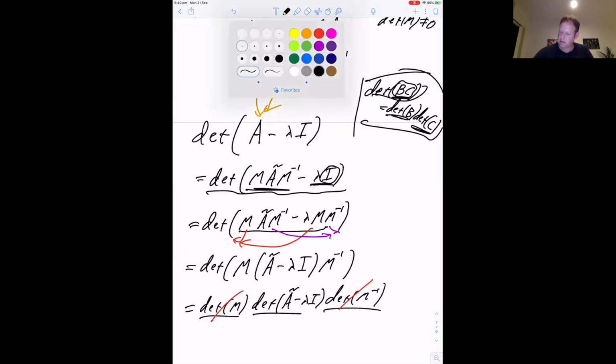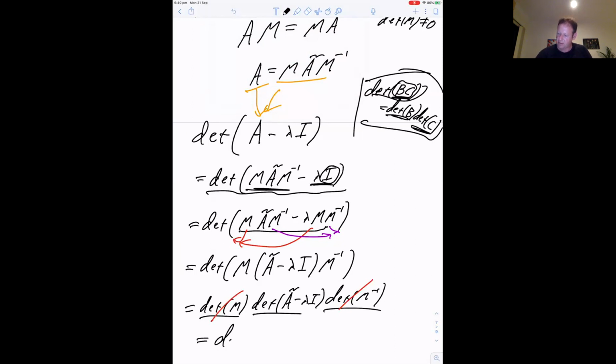So that equals the determinant of A tilde minus lambda I. What we see is that the characteristic polynomial of A is like the characteristic polynomial of A tilde, and hence they have the same eigenvalues.